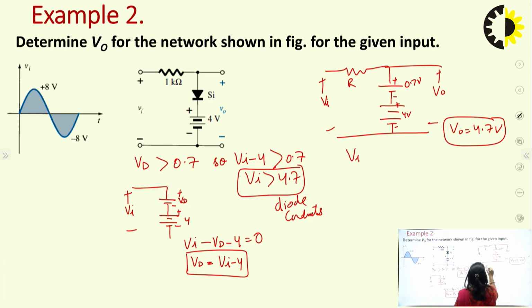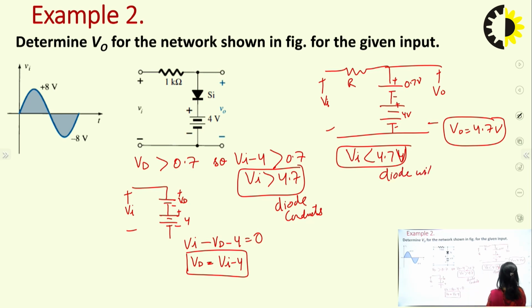If Vi is less than 4.7 volt, the diode will not conduct. In that case the circuit will be open and the output voltage would be equal to 0.